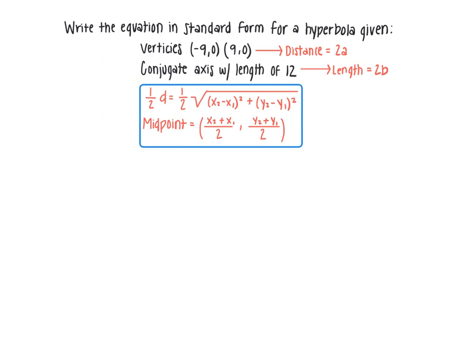Finally, if they gave you your vertices or your foci or your co-vertices, you can find the center of your hyperbola by simply finding the midpoint between those 2 points. So none of this information is new because a lot of it mimics what you saw in the ellipse video. So I'm going to encourage you to pause here and I'm going to ask you to find A, find B, find your midpoint, which is H and K.